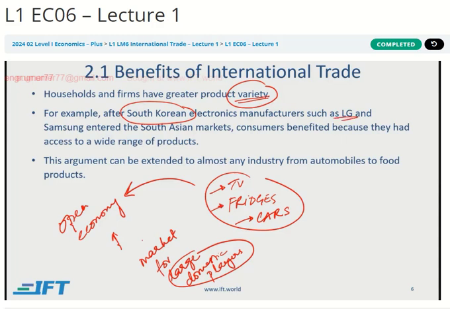And companies like LG or Samsung from South Korea or Sony from Japan can obviously come in, and Toyota and Honda and Suzuki in terms of cars can come in and say, hey, we've got this product, would you like to buy it, to the local population. Now this is good for the people because they get variety.